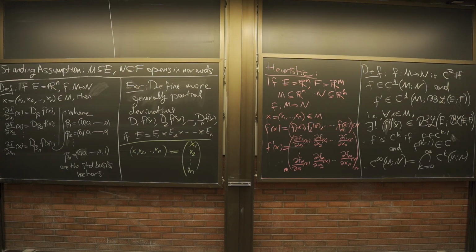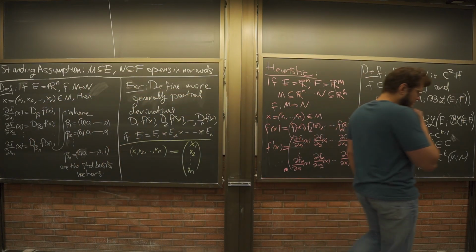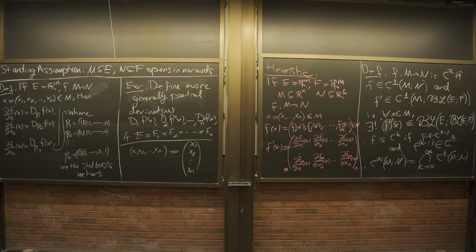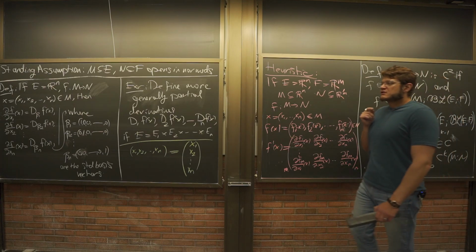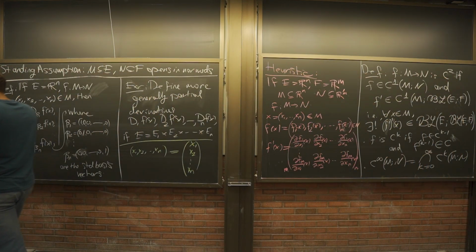Now, last Friday I mentioned an example of a function that depends on two numbers. So it is within the realm of Calc 3, if you want, such that at the origin all of its directional derivatives exist. But I told you that somehow its derivative doesn't exist.